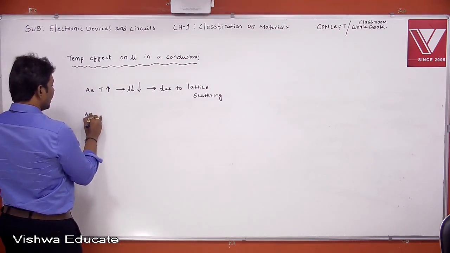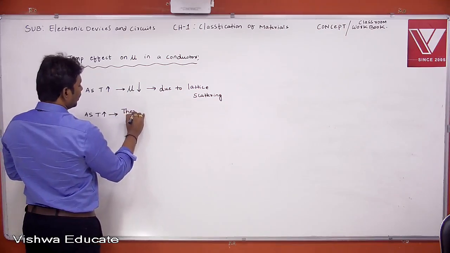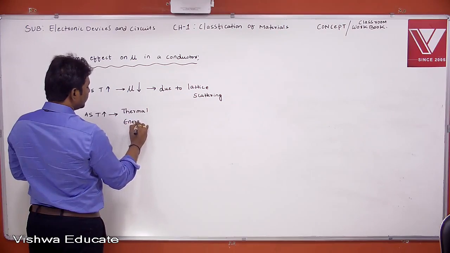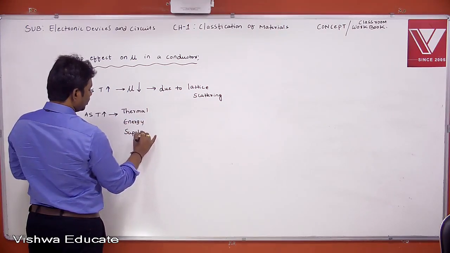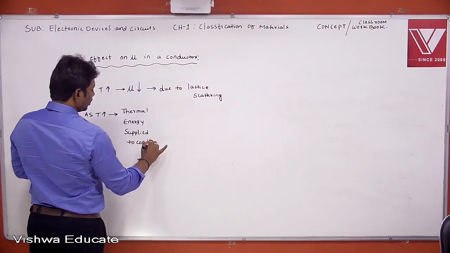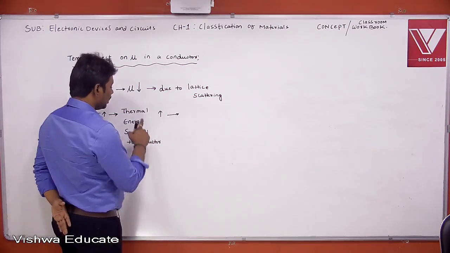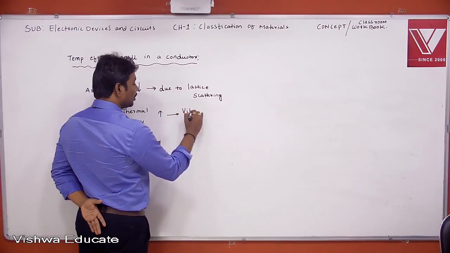Now see here, as temperature is increased, what happened? Thermal energy supplied to the conductor is increased, right? Thermal energy supplied to the conductor is increased means what about the vibrations in a lattice?